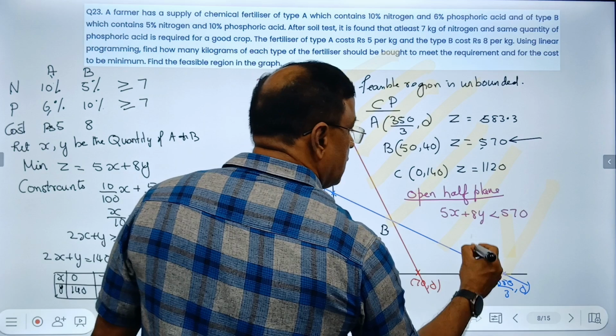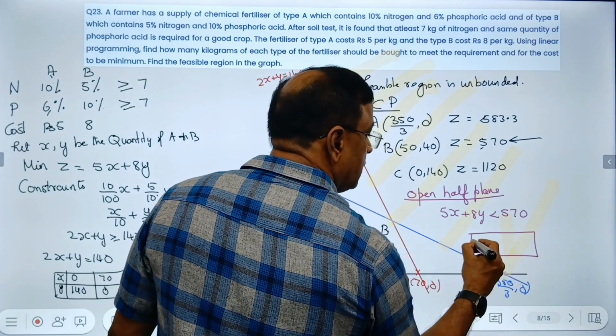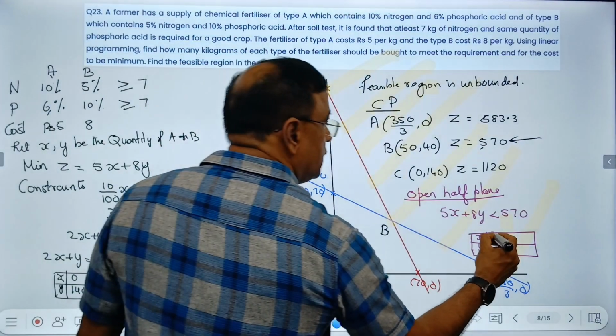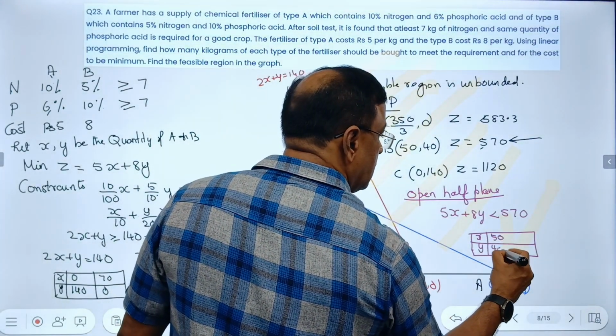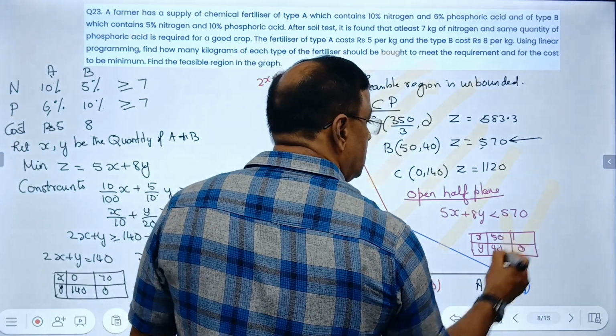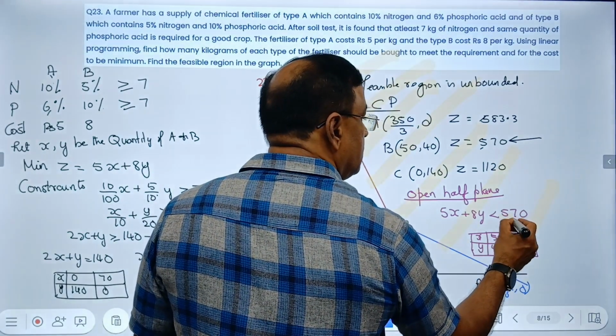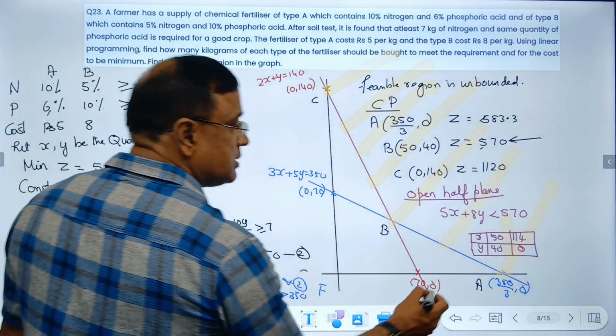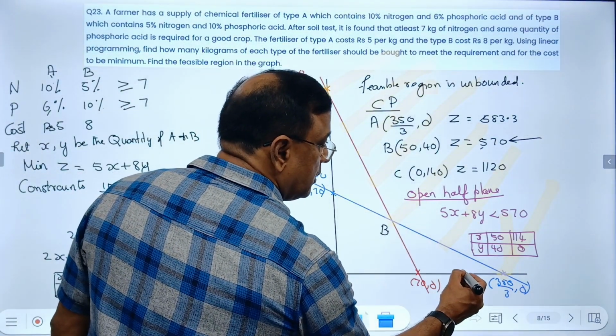So now plot the graph. This is x and y. One of the values will definitely be 50, 40. And when you put y is 0, x will be 114. If you plot this, you'll get somewhere down here.